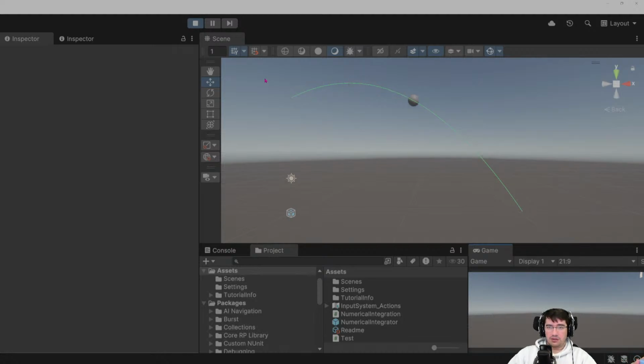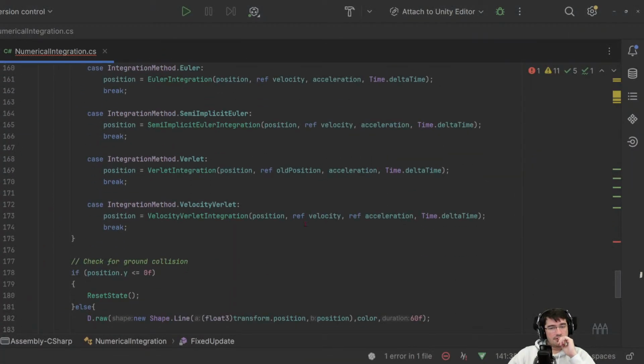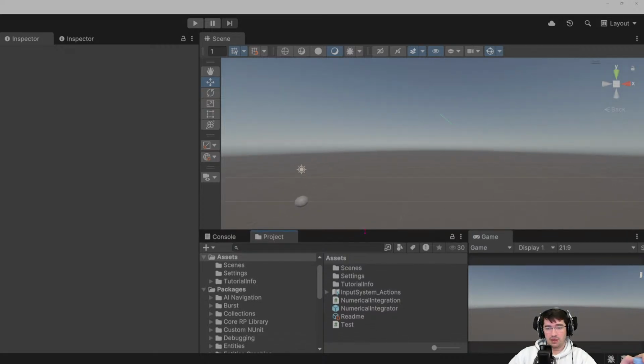So let's actually do something like some sort of character controller. So let's create, and here I'm not exactly using dots because it's just basic math computation.